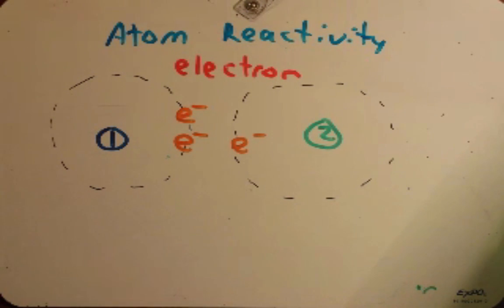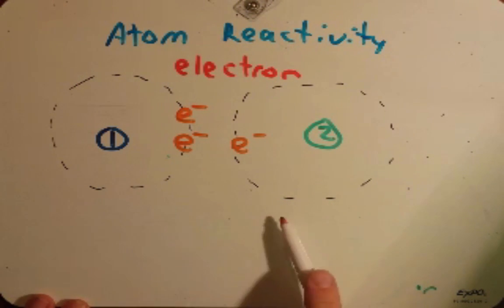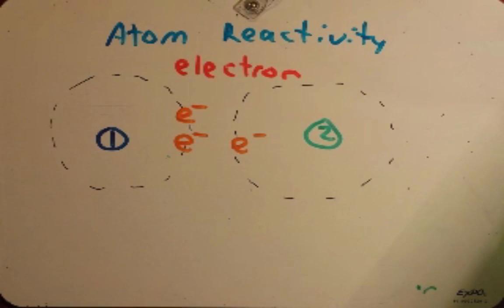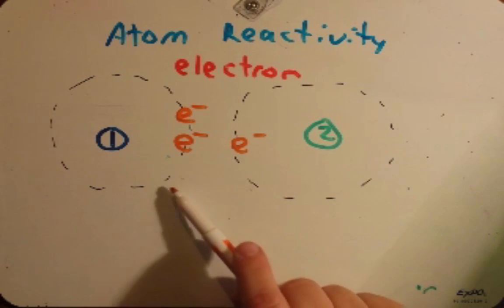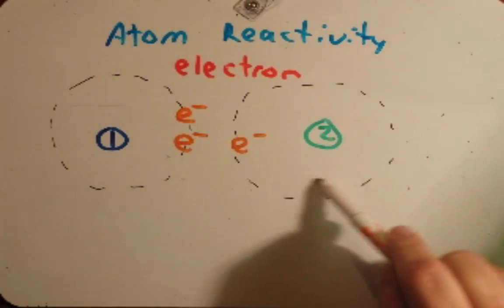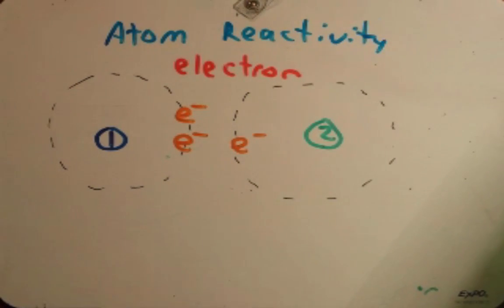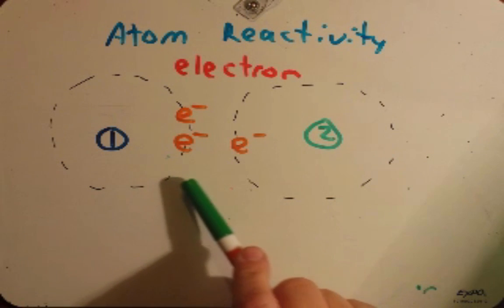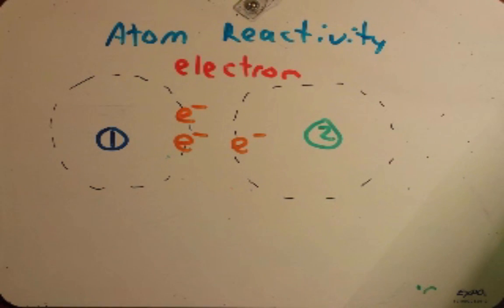So two atoms come together and they will form a chemical reaction with each other at the outer electron shell. There are shells, layers of electrons on the inside, and they're not involved in the reaction. It's the electrons in this outer shell that will either donate or share electrons to form molecules or compounds.